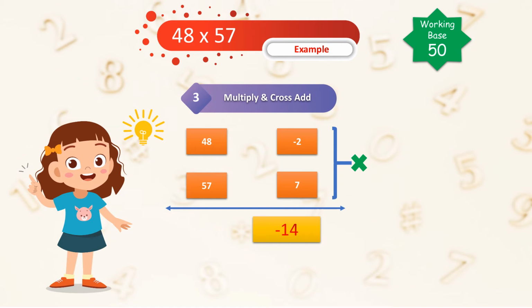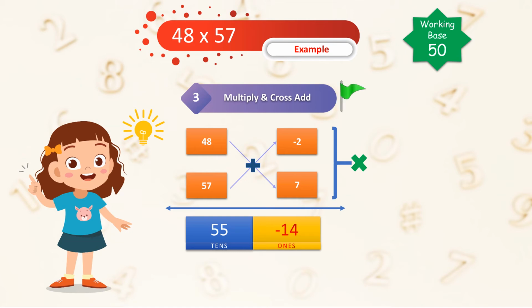We now cross add 48 and 7, or 57 and minus 2. In both cases, we get 55. Like how we did in the first example, 55 is the number of tens and minus 14 is the number of ones in our answer. So that completes step 3.